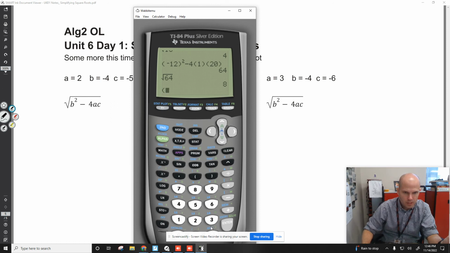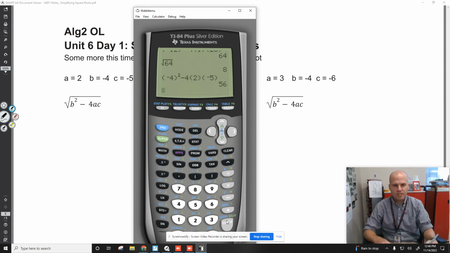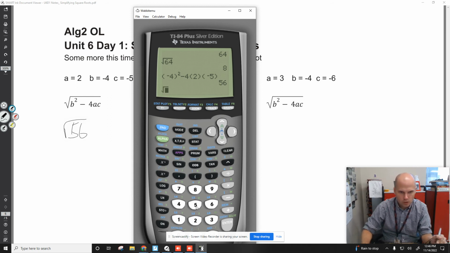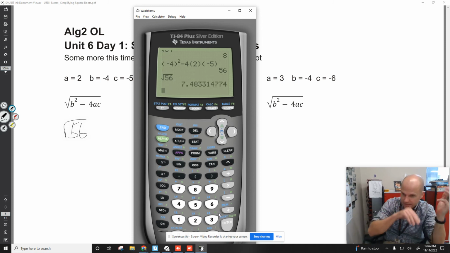So, b squared minus 4 times a times c. 56. Okay. Can you take the square root of 56? No. It's a decimal. Can you simplify this?